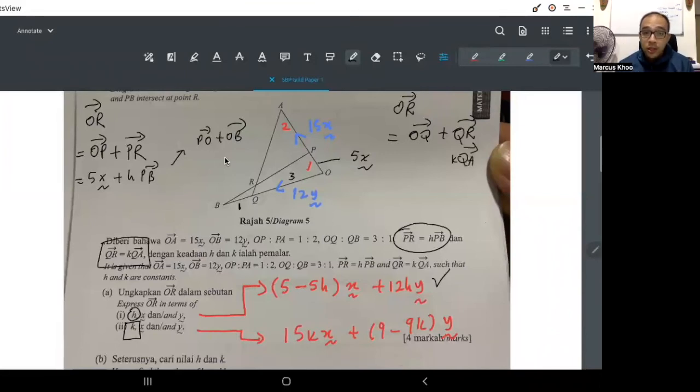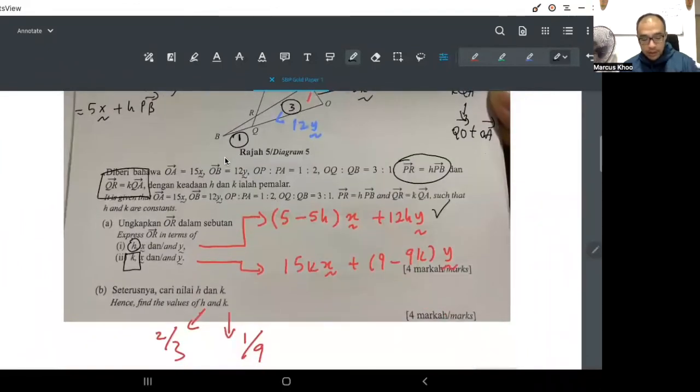How do I find QA? QA will be QO plus OA. They use all these ratios to help you find QO and OA, and you should be able to get this.